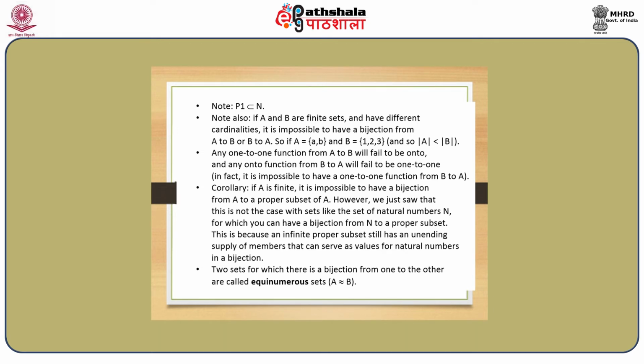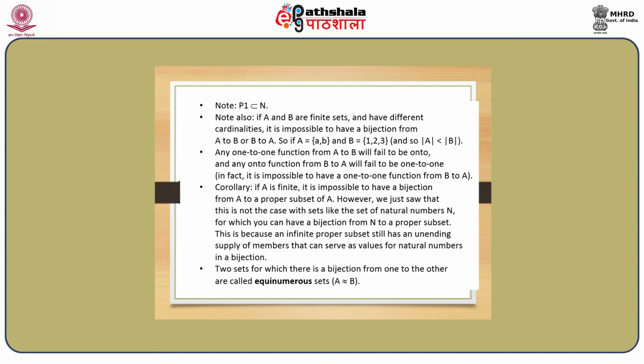However, we just saw that this is not the case with sets like the set of natural numbers, N, for which you can have a bijection from N to a proper subset. This is because an infinite proper subset still has an unending supply of members that can serve as values for natural numbers in a bijection. Two sets for which there is a bijection from one to the other are called equinumerous sets.